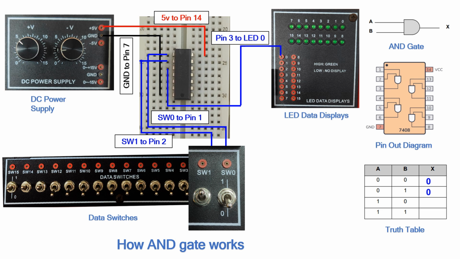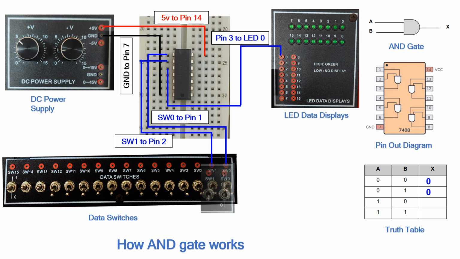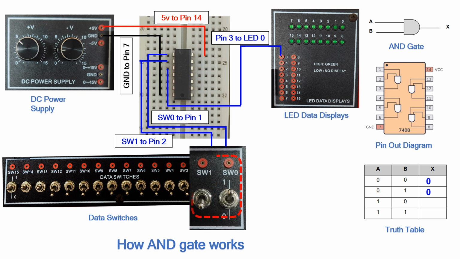Following, in truth table row number 3, input A is set to 1, while input B is set to 0. So we need to turn on SW0 and turn off SW1. Observe LED pin 0, and again LED pin 0 does not light up. So the result for the truth table is also 0.